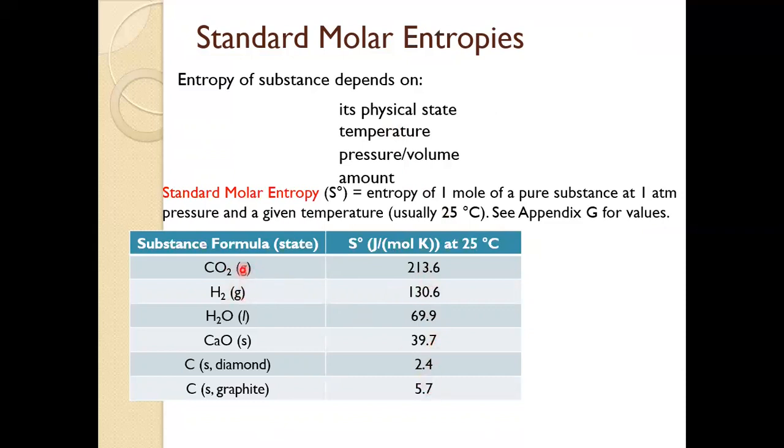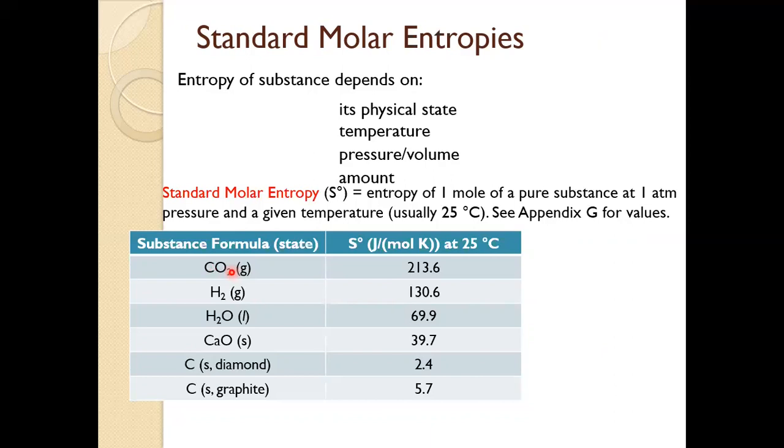Even within the two gases, carbon dioxide's molar entropy is a lot higher, because carbon dioxide is a more complicated molecule. It's a more massive molecule and it has more chemical bonds.